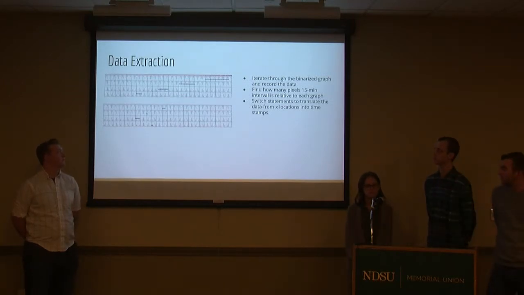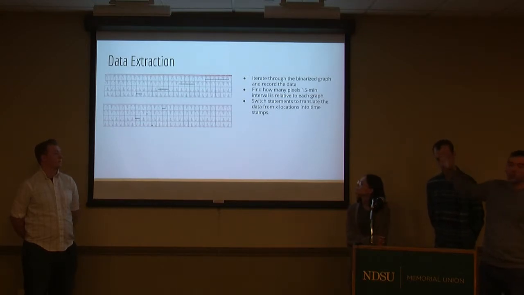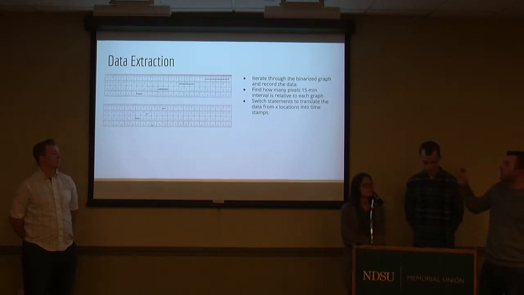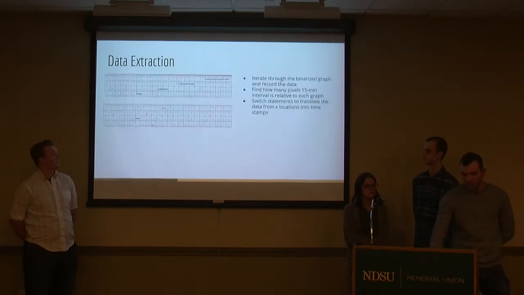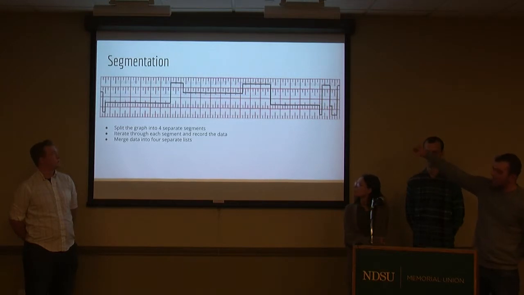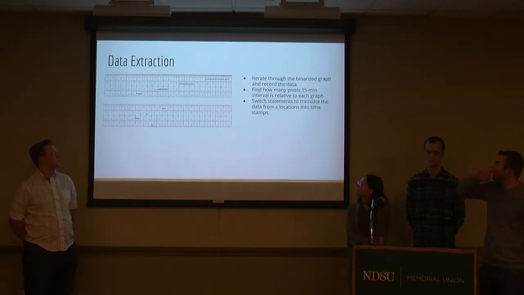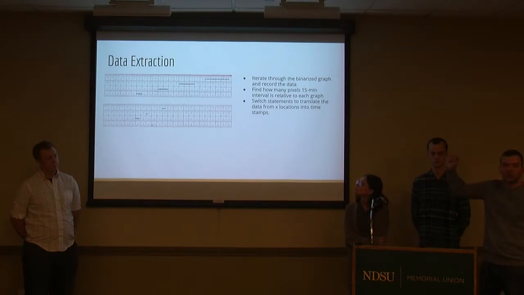For the data extraction, once all the process has been done and it's been scaled and binarized and the red removal happens, essentially I just see where it's, yeah, this is just the picture I see, and then I start reading from the top left corner, and then I just iterate through each Y location and check the threshold.